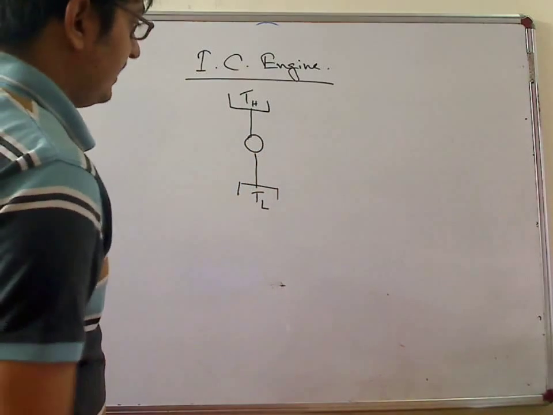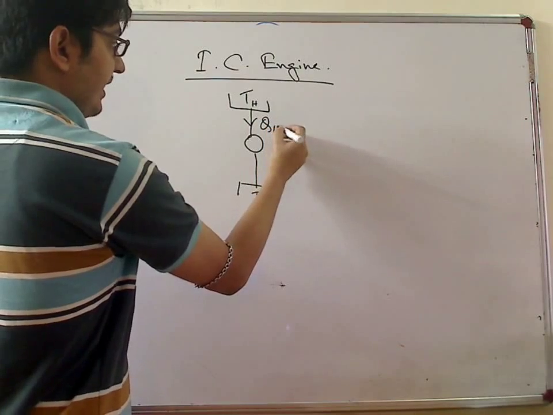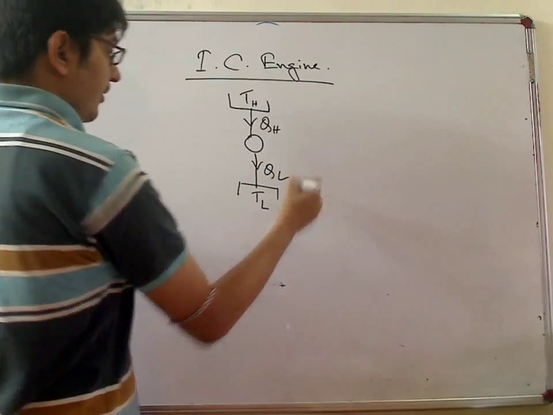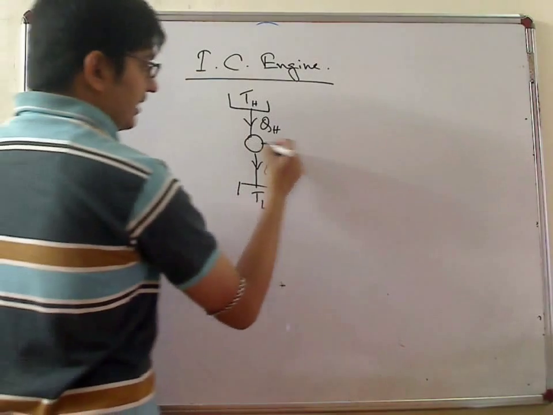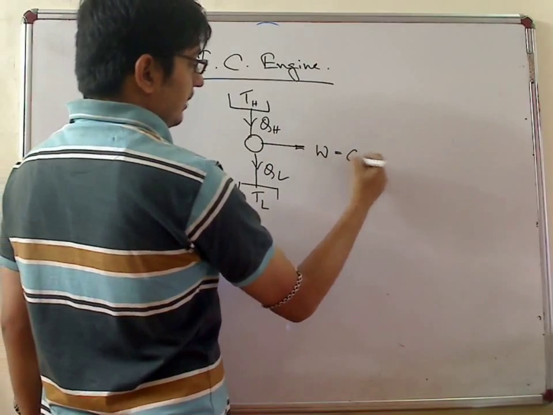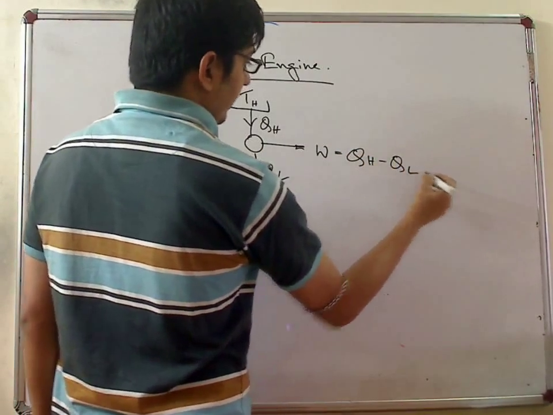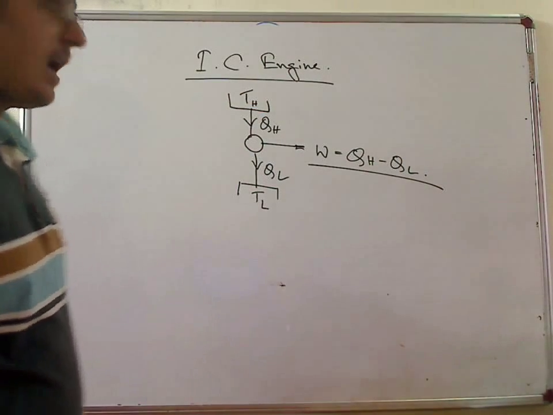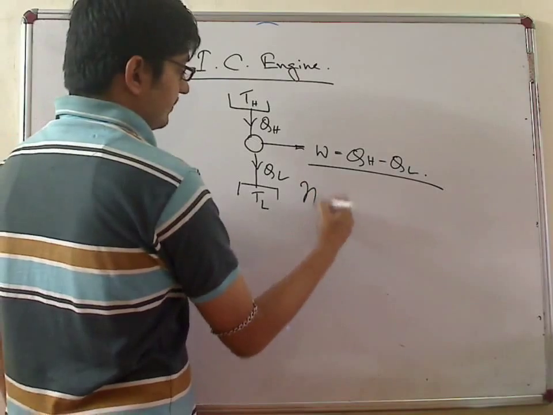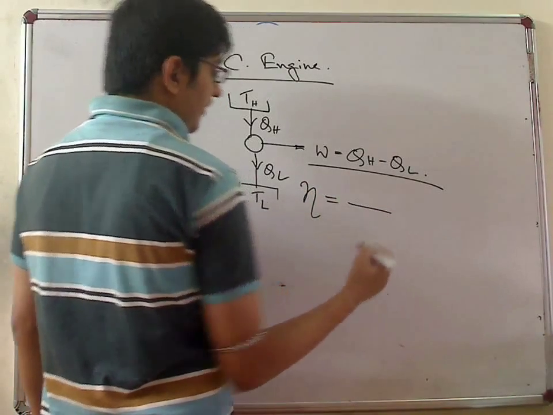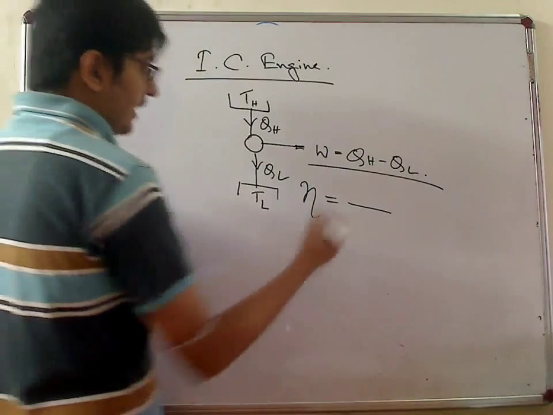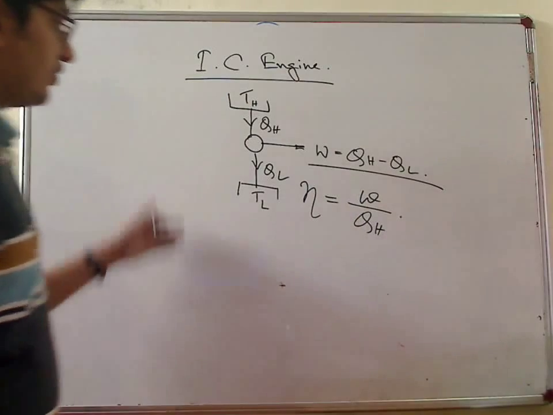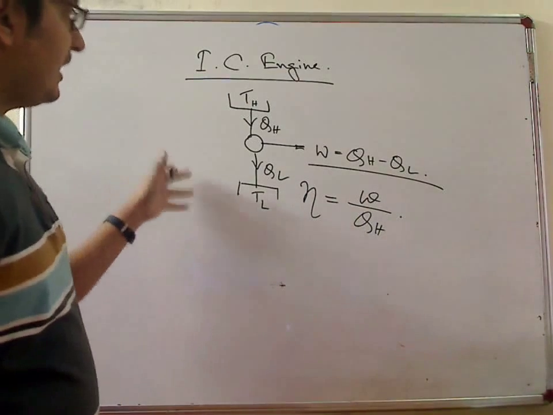The main objective of engine is it takes heat from the higher temperature source, releases some amount of heat to the lower temperature source, and produces some mechanical work, which is QH minus QL, and we call engine efficiency as efficiency is always output by the input. Here input is the QH and output is W. So this is the schematic of the engine.